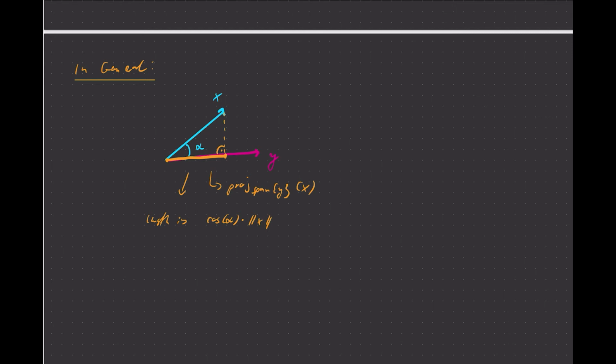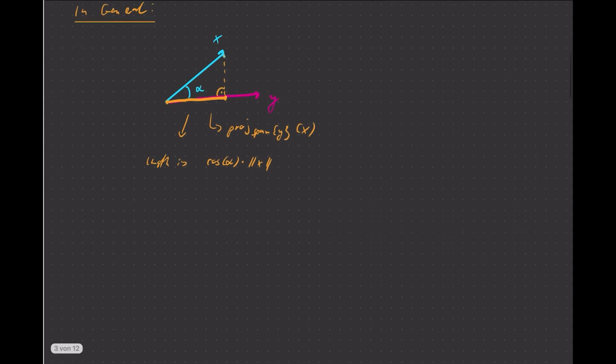So if we don't normalize, we just multiply the result with the norm, and that's again correct. Okay, so what we have here is the length of x times the cosine of alpha is equal to the length of the projection onto that space y of x, and we need the norm here to get the length.